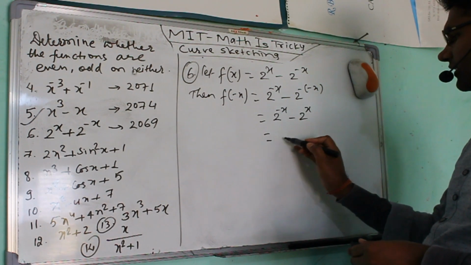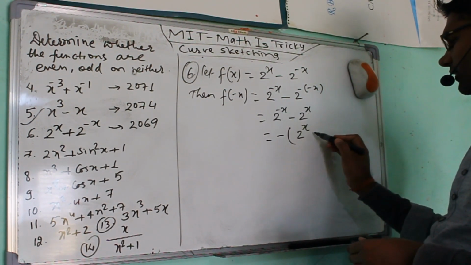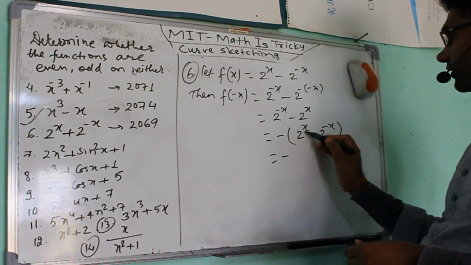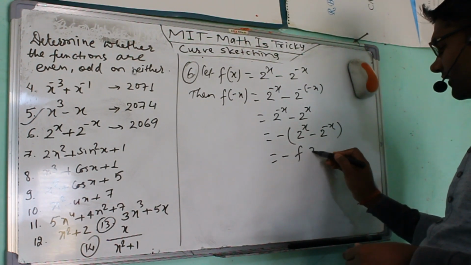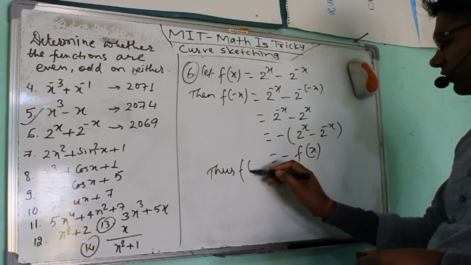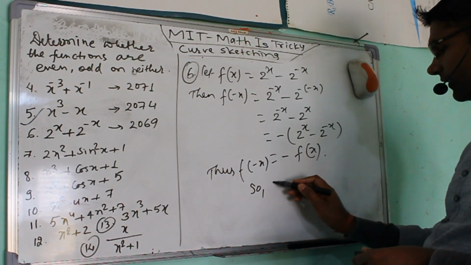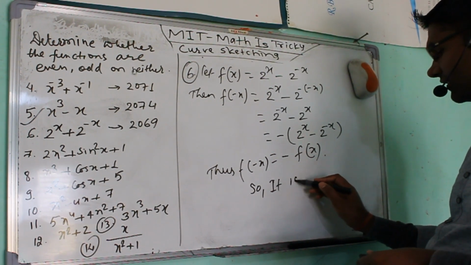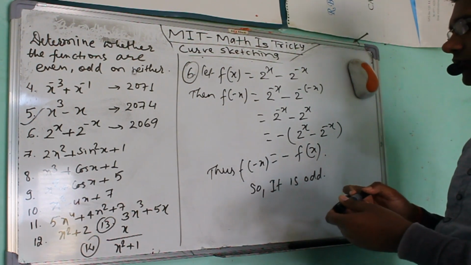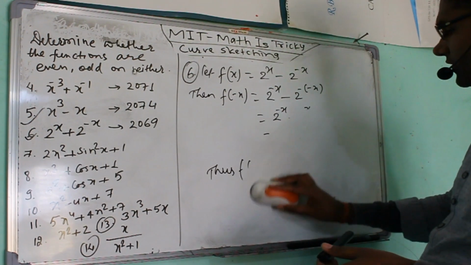So if we take minus common, this will be −(2ˣ − 2⁻ˣ), and that is −f(x). Again we have f(−x) = −f(x), so the given function is an odd function. Okay, question number 6 solved. Let's move to question number 7.